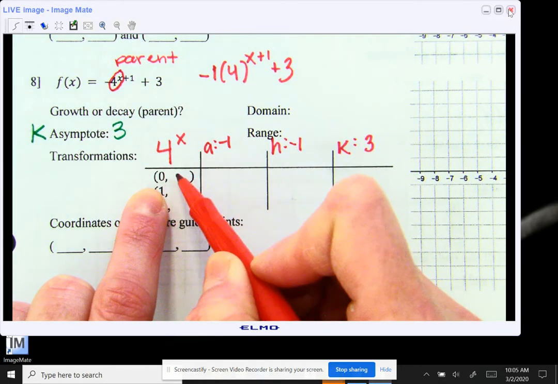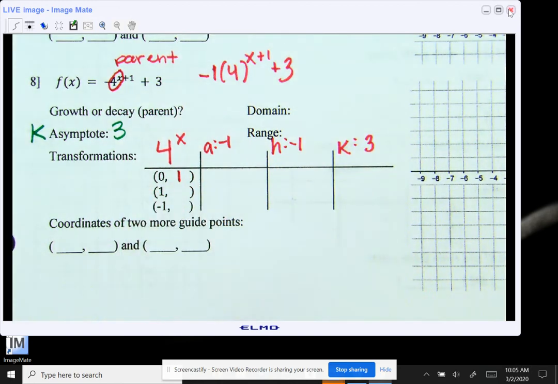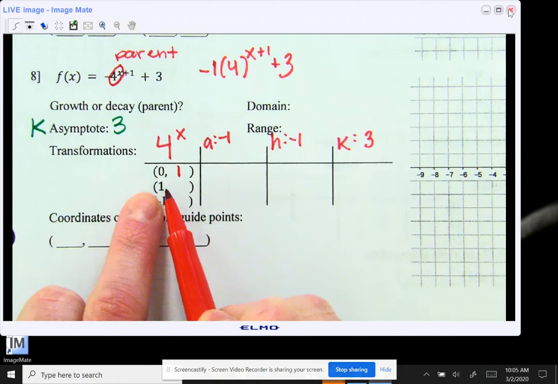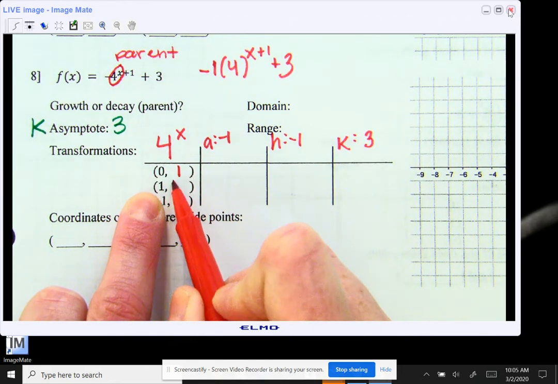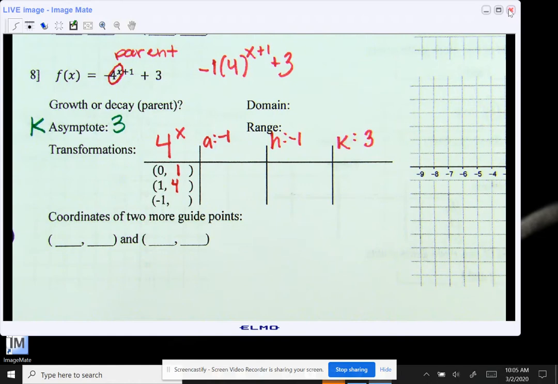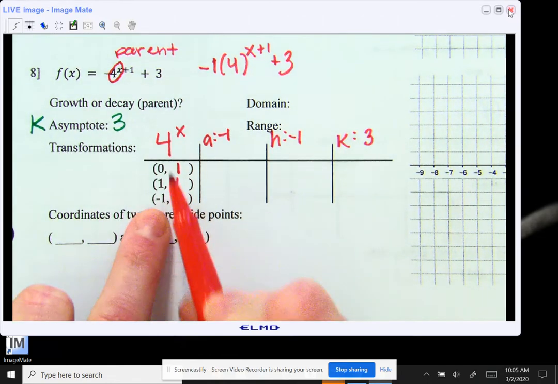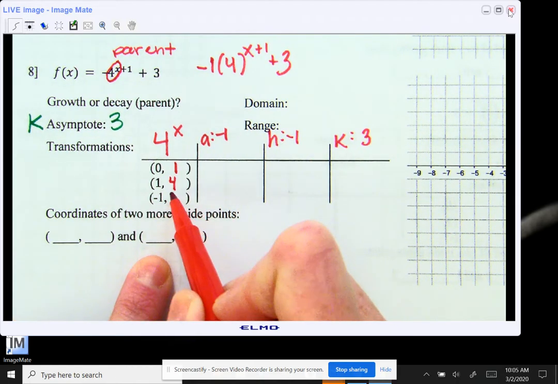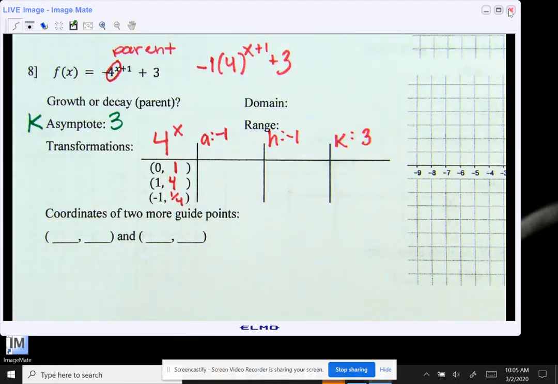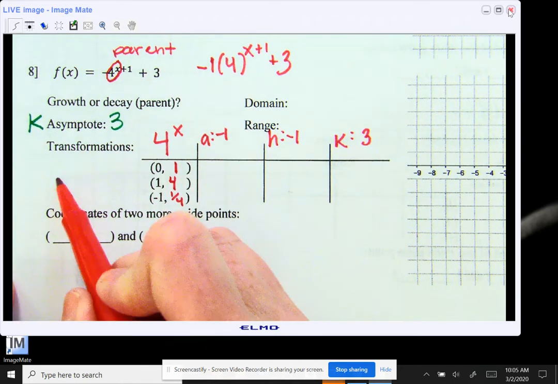When x is 0, anything becomes 1, everything becomes 1. When our exponent is a 1, the value becomes itself, right? 4 to the first power is 4. And 4 to the negative first power is going to become 1/4, right?